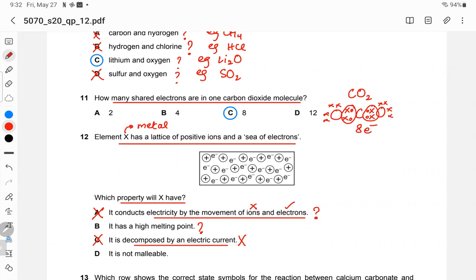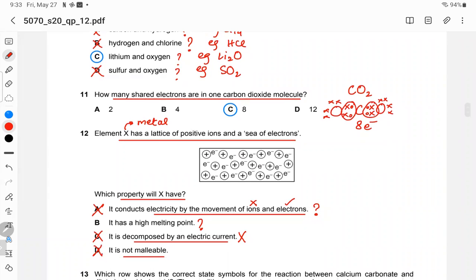Now, it is not malleable. Again, this statement is wrong, because metals are malleable. So B is our correct answer.